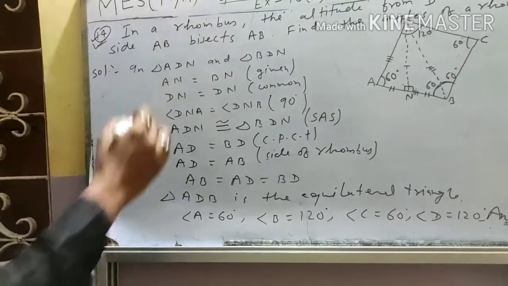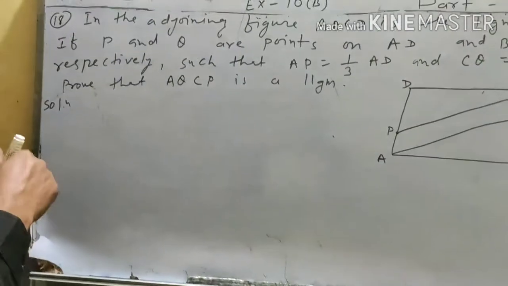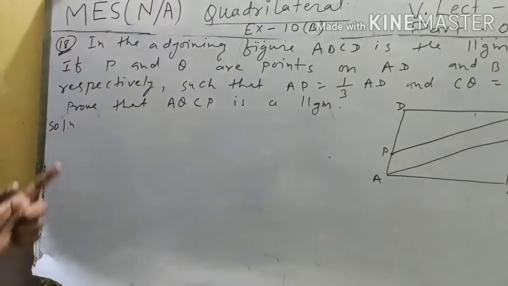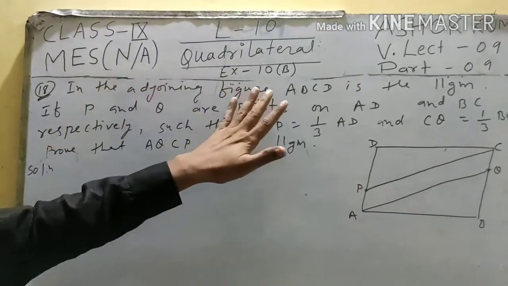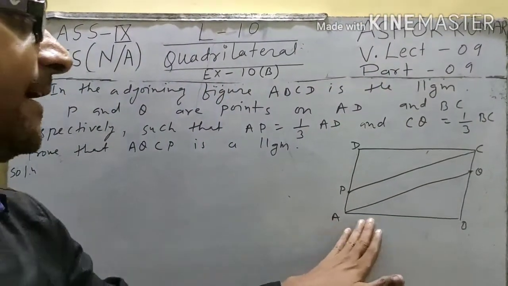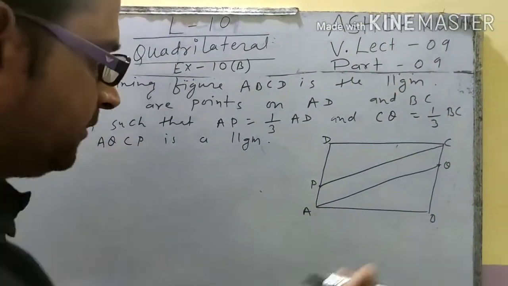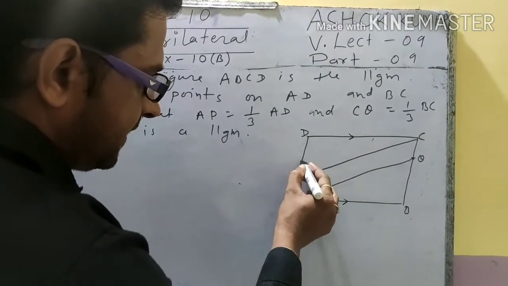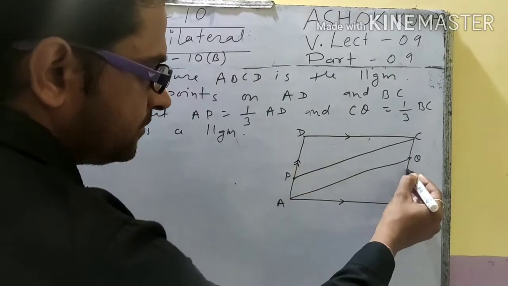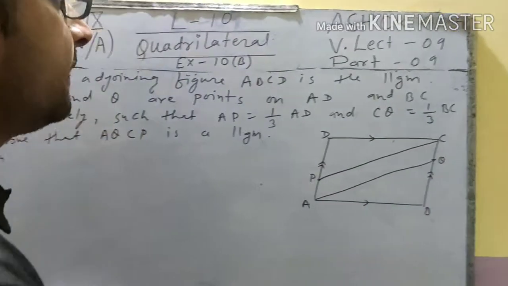Okay student, the next question is question number 18 here student. In the adjoining figure, this figure is given here. ABCD is a parallelogram. So we know that this line is parallel to this line, and this line is parallel to this line. Okay.